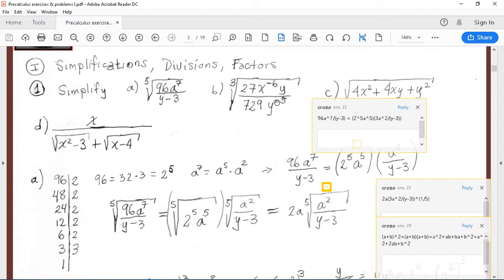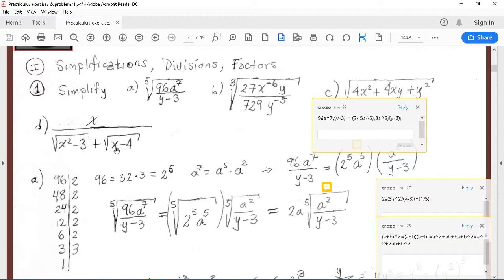Term C, square root of 4x squared plus 4xy plus y squared. Term D, x divided by the square roots of first x squared minus 3, second x minus 4.